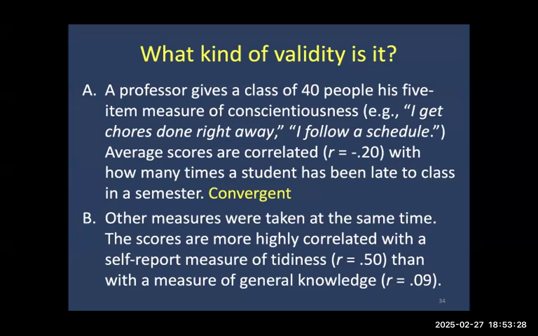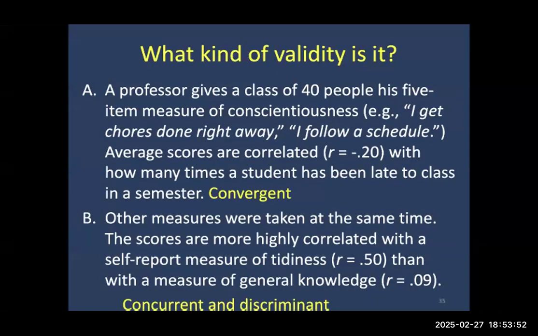Remember, there were 4 types of criterion validity. Which ones? Concurrent, right? Because it's at the same time. Yes, and discriminant, because we were trying to show that being tidy is a little bit different. So that's why it's concurrent and discriminant.